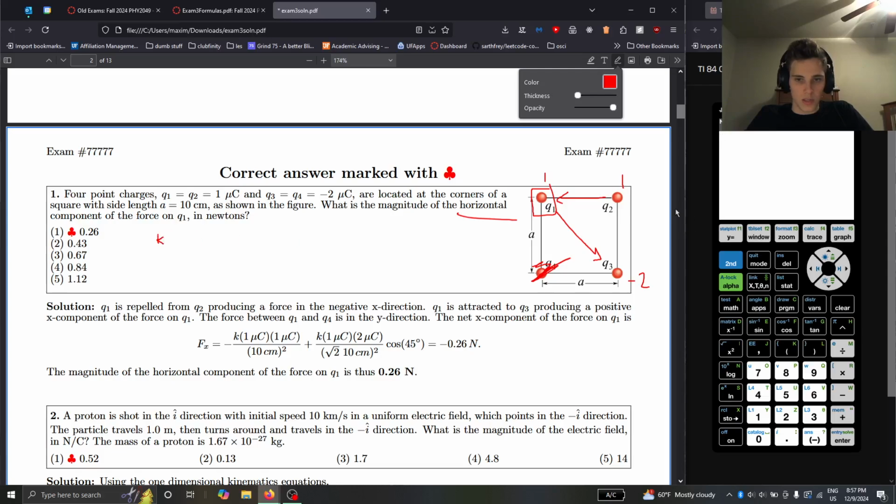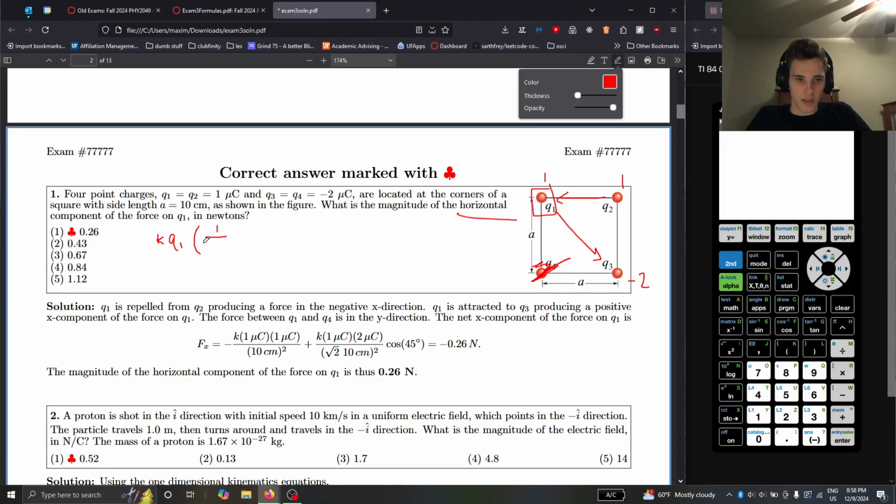So just looking at Q2, first of all, we can factor out a kQ1 to make things easier. Q2 has a charge of 1. We'll say this is negative, or we'll keep it positive, it doesn't really matter. Then we divide by the distance squared.